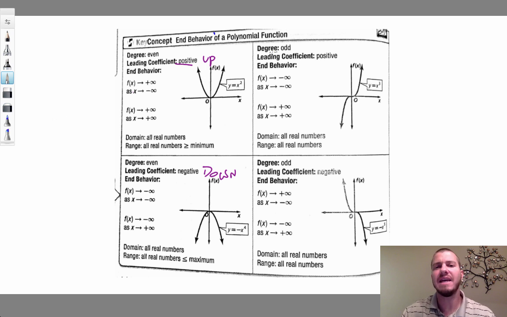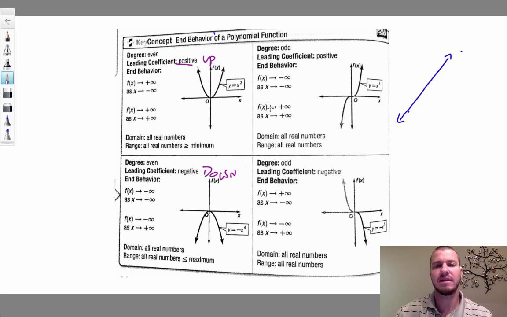When we're looking at the odd degrees, the way I like to look at it is, if the leading coefficient is positive, it's just like a linear, which is a positive slope, going in a positive direction from negative to positive. So as x approaches negative infinity, f of x is approaching negative infinity.